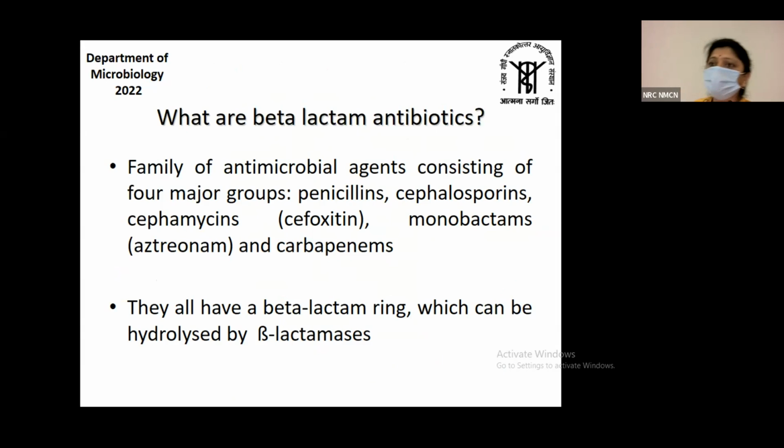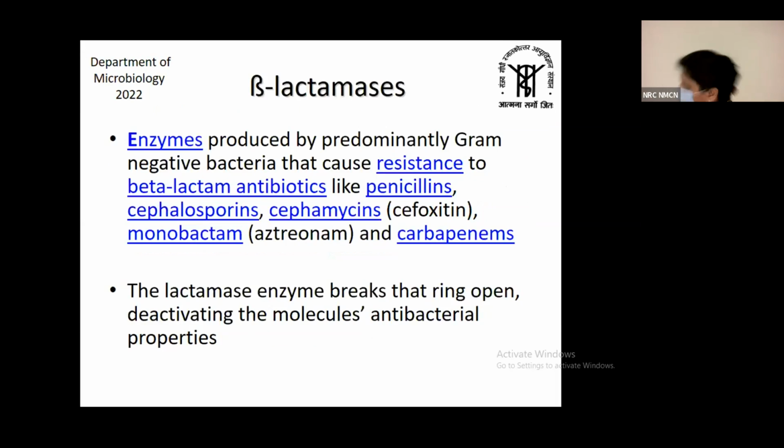Now what happens when there is the mechanism of drug resistance? Predominantly in gram-negative pathogens, certain enzymes are secreted which deactivate or hydrolyze the beta-lactam structure, and then the antibacterial activity of the antibiotic does not occur, right?